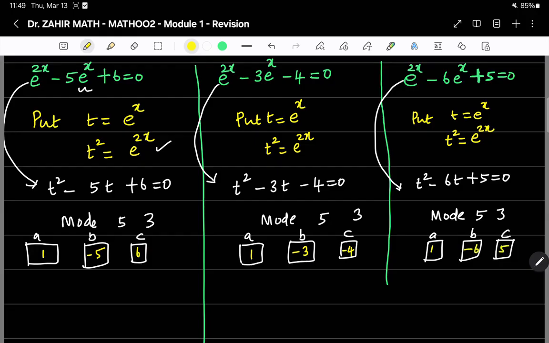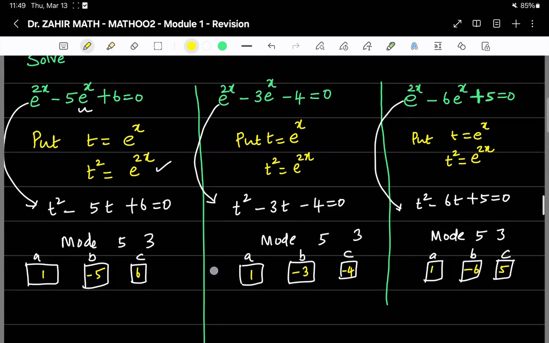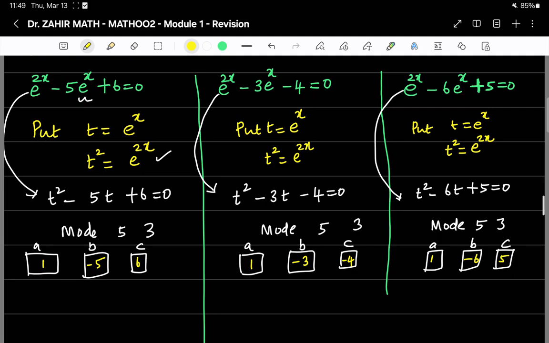Okay, let me start. If I put 1, minus 5 and then 6, what is my answer? Minus 5t plus 6, so I have to put 1, minus 5 and 6.